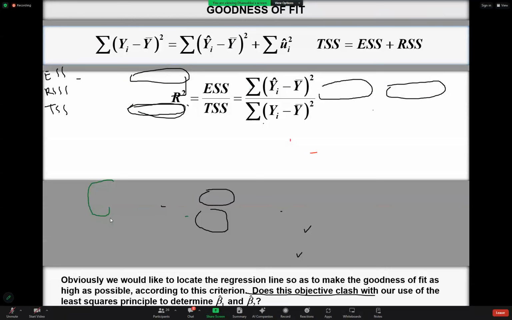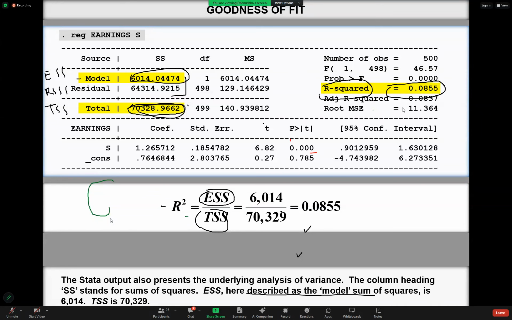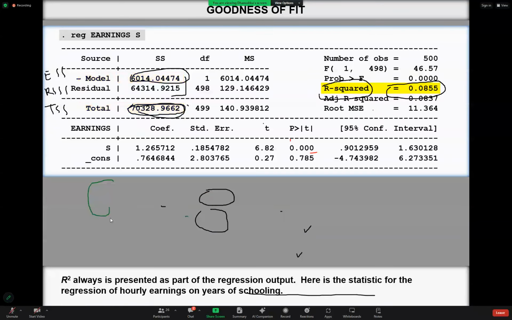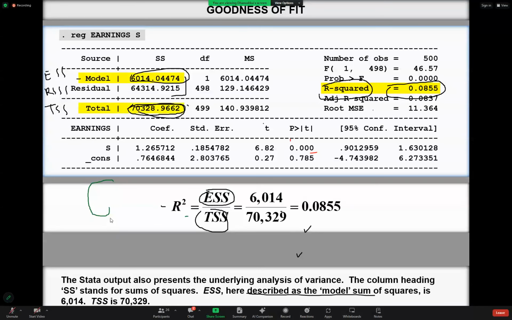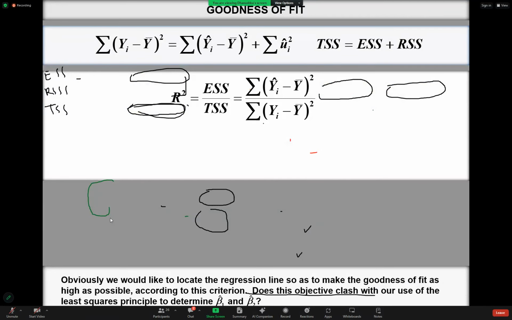Now in this case, the value of R square is 0.085, then we can say only 0.085 proportion of total variation of y has been explained by the regression model. Is it clear up to this point? Yes, sir.